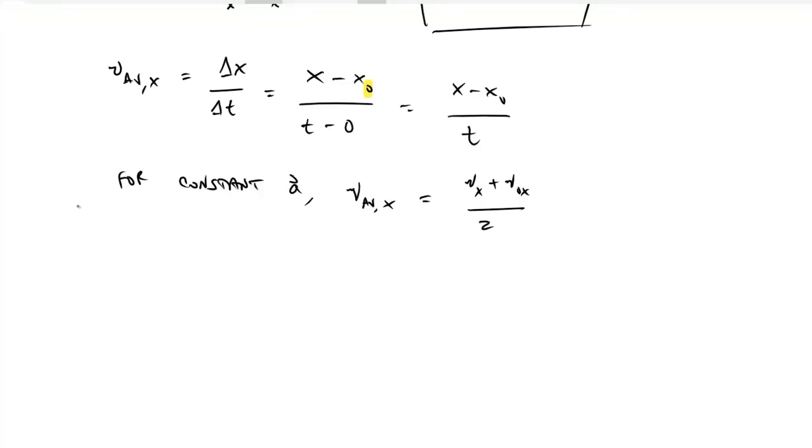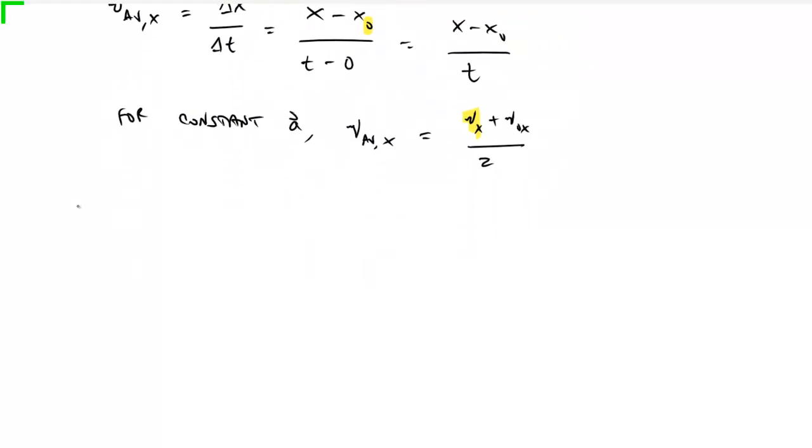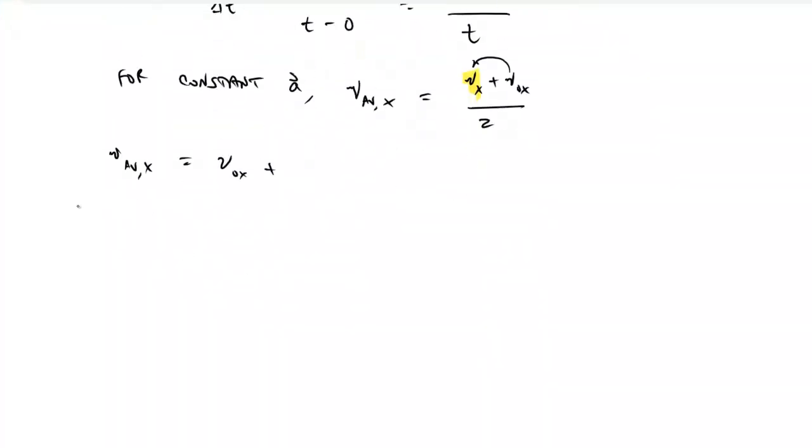Of course, we know that the velocity in the x direction is the same as this, right? This is what we just came up with. So rewriting this, we have our average velocity in the x direction is equal to, and I'm going to flip these around, I should have put v naught x first, v naught x plus all this stuff, which is v naught x plus a x t, all divided by 2.